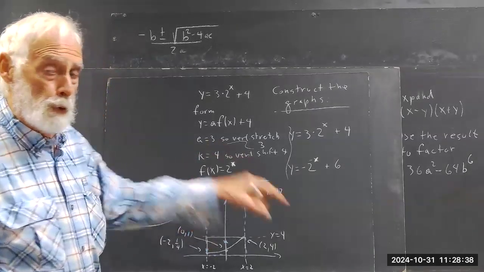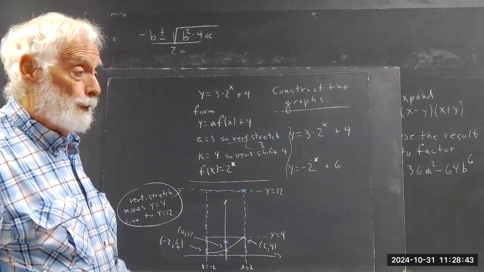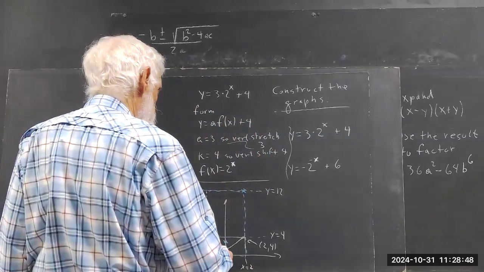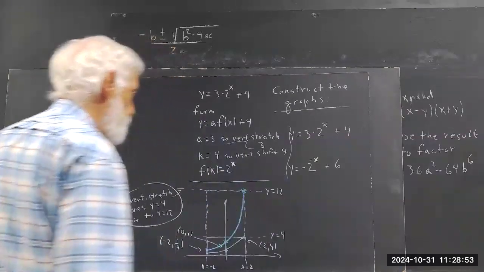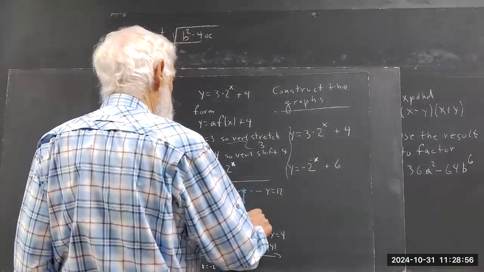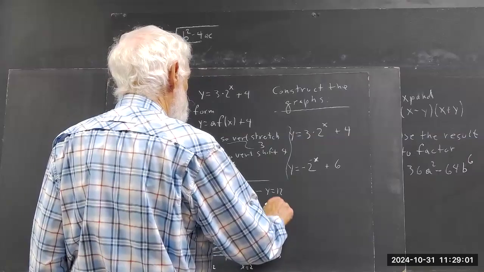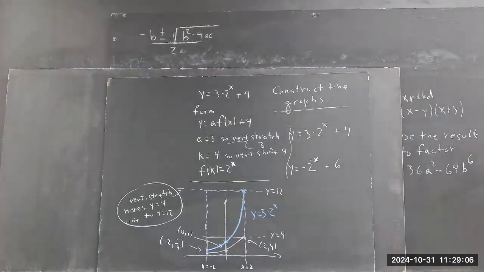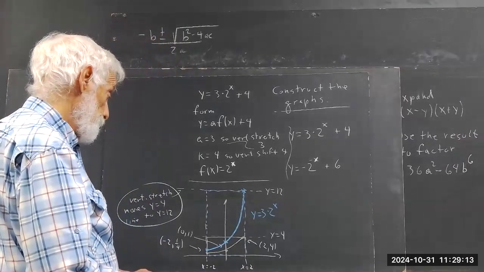Moving those 3 points 3 times as far from the x-axis gets a good picture. That's going to be the graph of the function y equals 3 times 2 to the x. That makes sense? Should make a lot of sense. Think about it until it does.